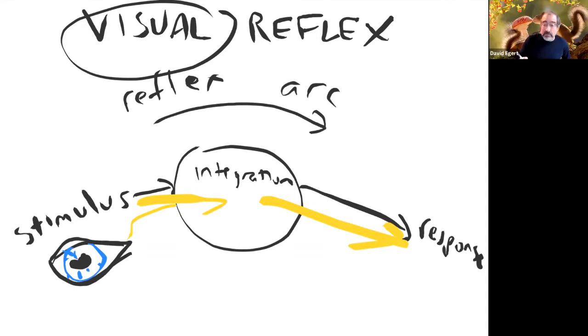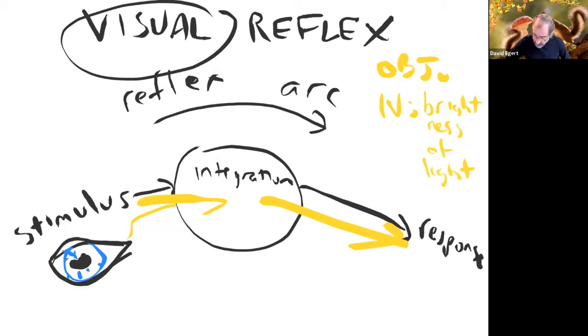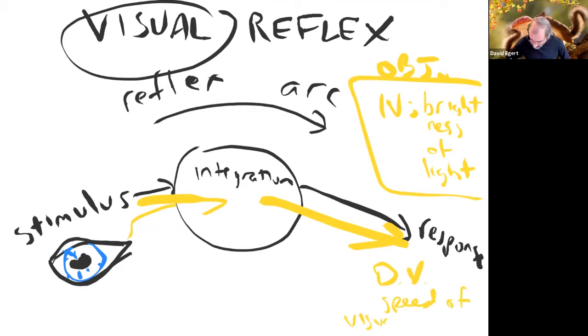So if we come up with an objective, I'm going to have some objective, which is going to be an independent variable. Let's change just the brightness of the light that I'm in. My dependent variable is going to be the speed of this visual reflex.